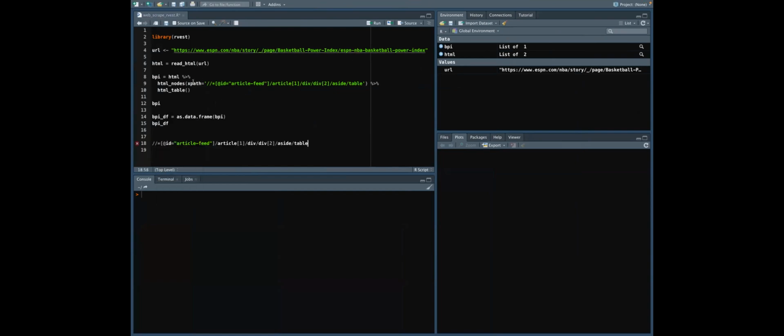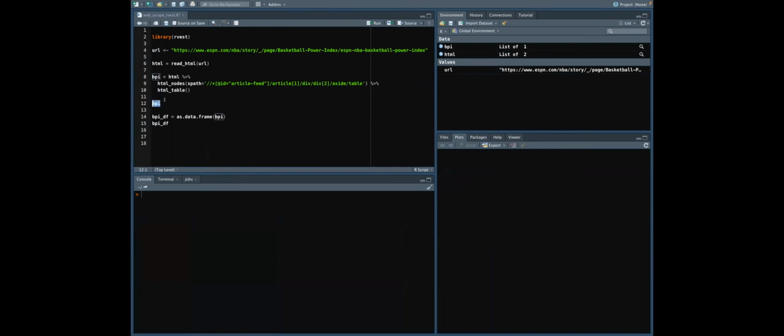Yep, that should match in there. You just say XPath equals whatever. There are probably some other arguments that you can pass here for other ways to specify what you want to get here. But if you're going the XPath route, then you just paste that right in there.